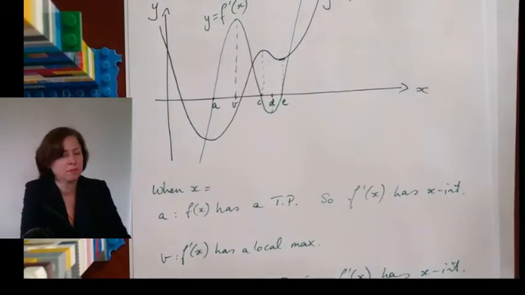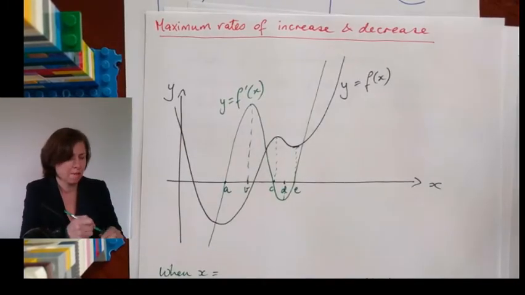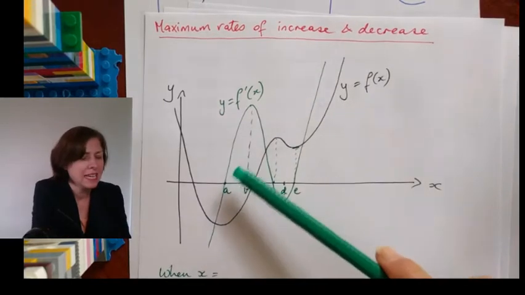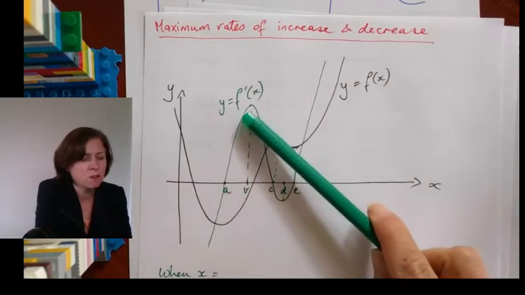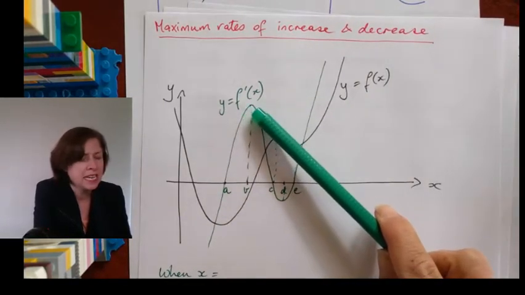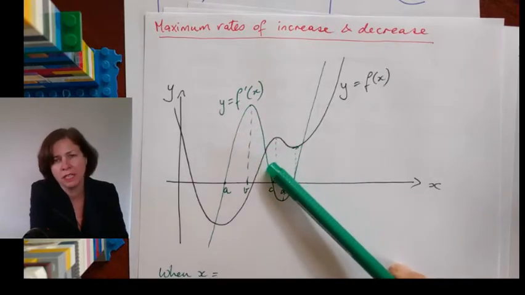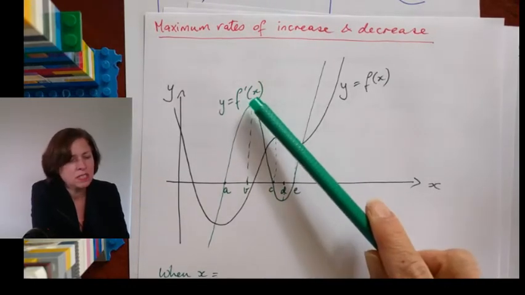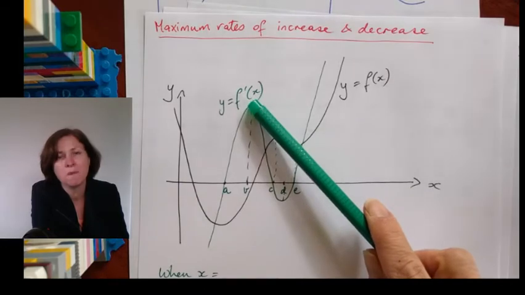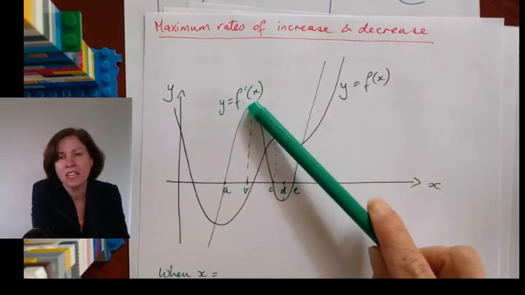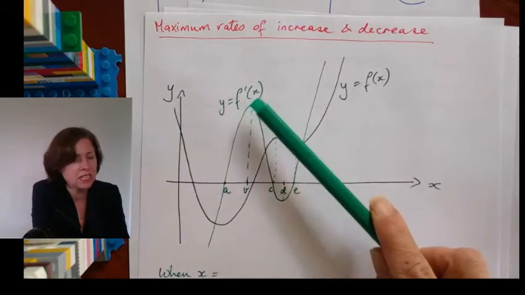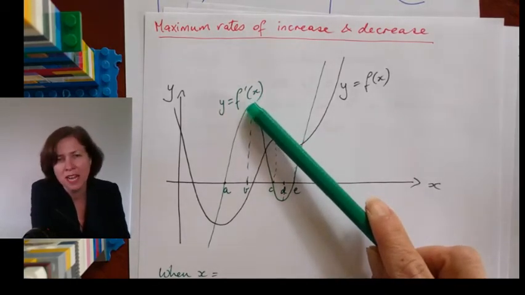That means my gradient is increasing to the left of B and decreasing to the right of B. At B, my gradient is neither increasing nor decreasing. So it doesn't equal 0. The gradient of the gradient graph equals 0.